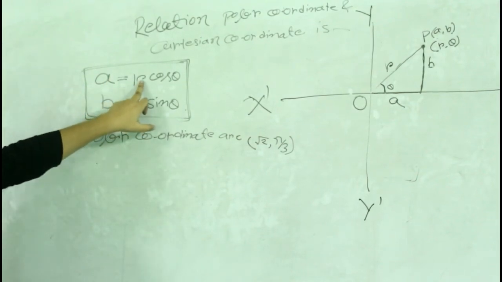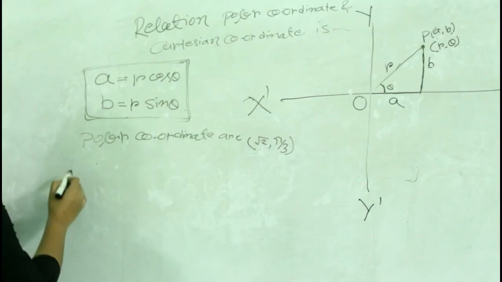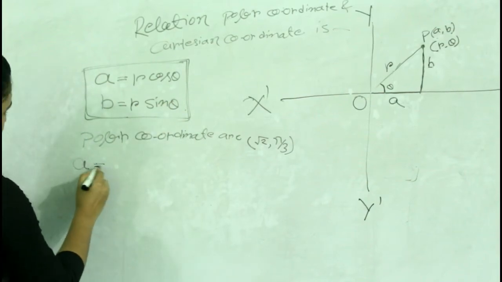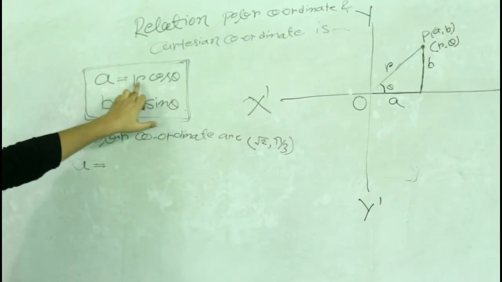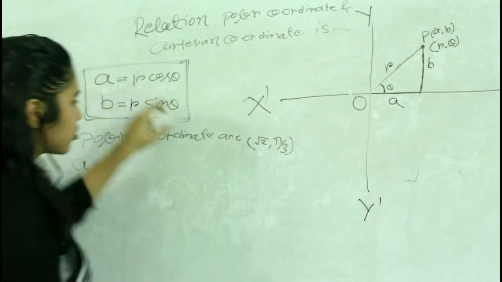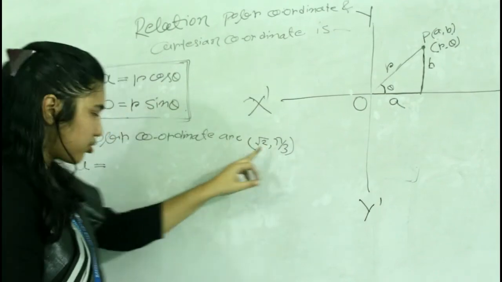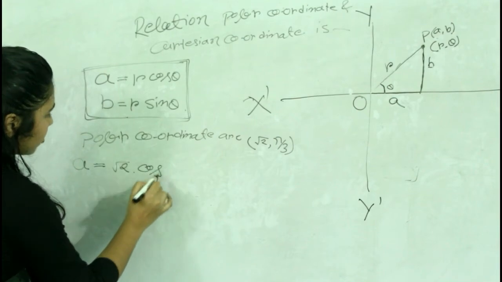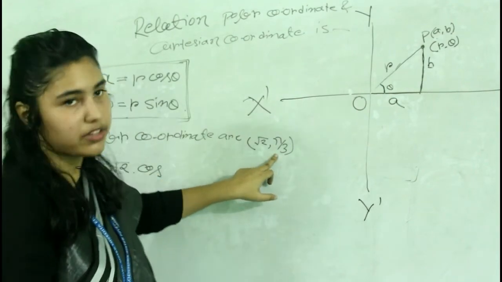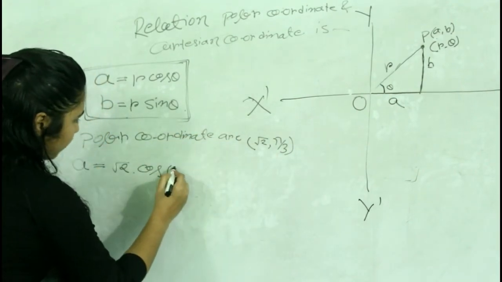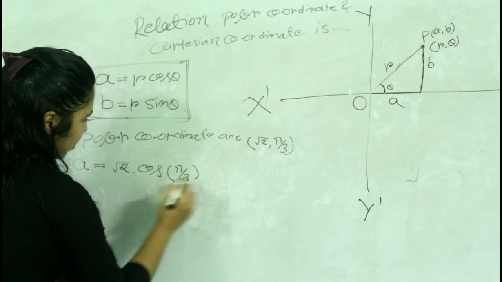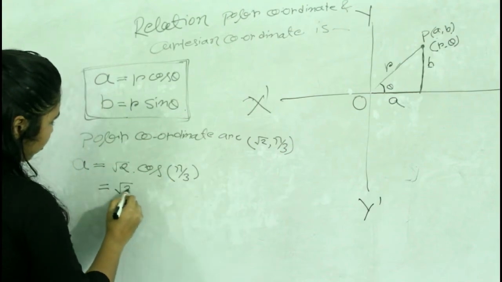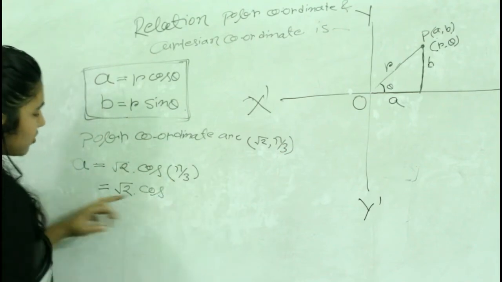We are given the value of r and theta. So take a equals r cos theta. Now put the value of r, which is root 2, and in place of theta put pi by 3. So root 2 into cos pi by 3.